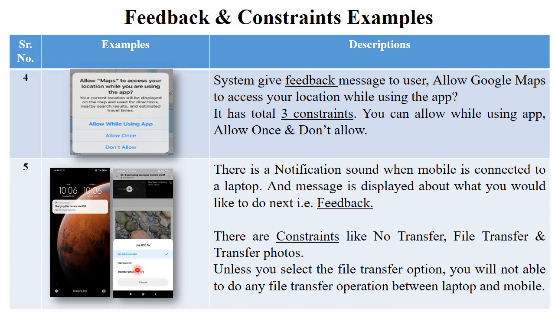There is no fourth option. No data transfer means your mobile just charges from your laptop. File transfer means only file transfer, and transfer photos means transferring photos from mobile to laptop or laptop to mobile. So these three constraints are there, and the complete message is called the feedback message.